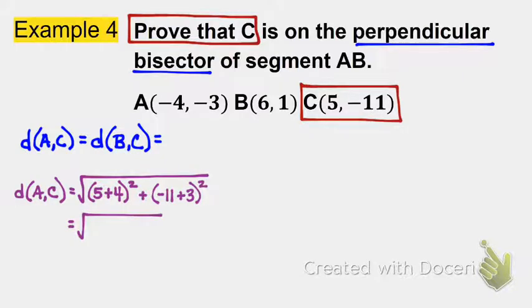So I would have the square root of 9 squared, which is what? 81. Plus, -11 plus 3 is what? -8. And what is -8 squared? 64. What do I get when I add 81 and 64?